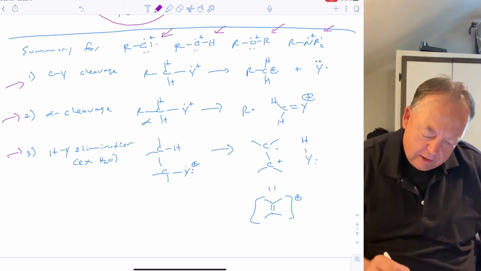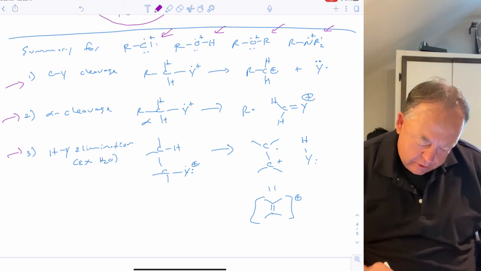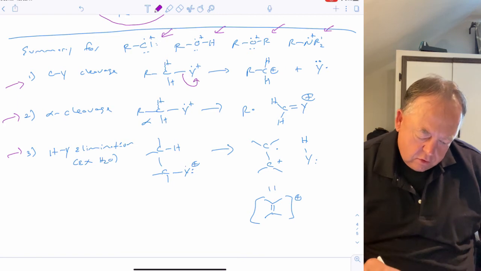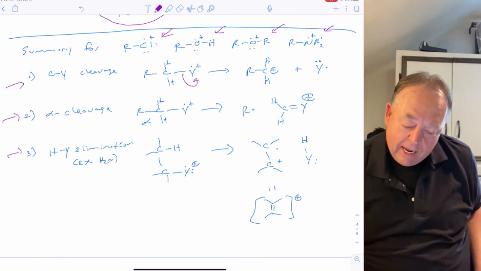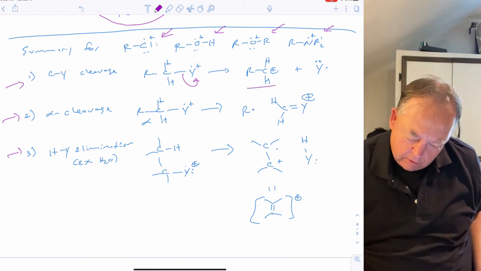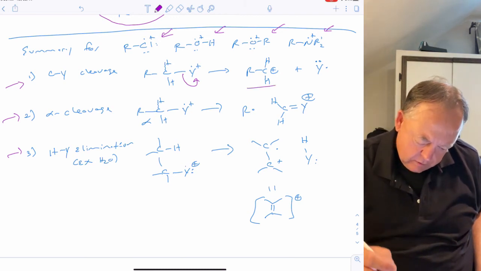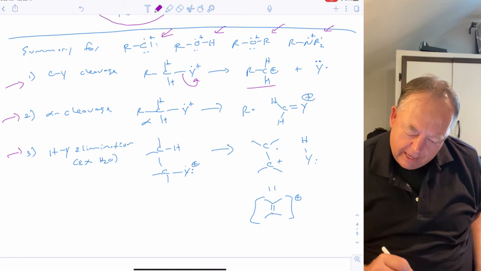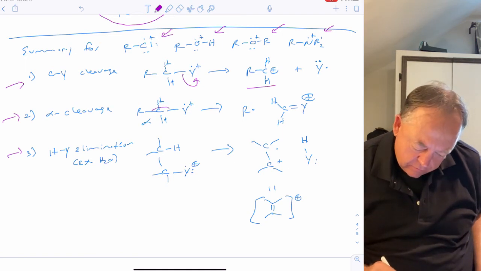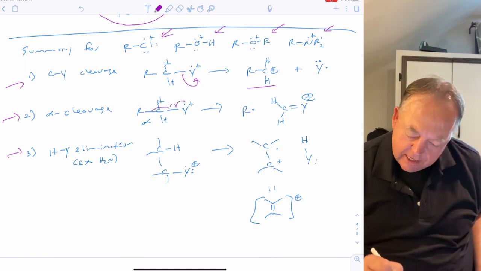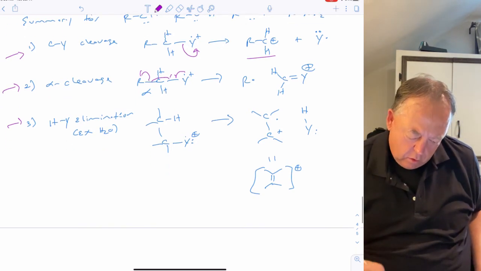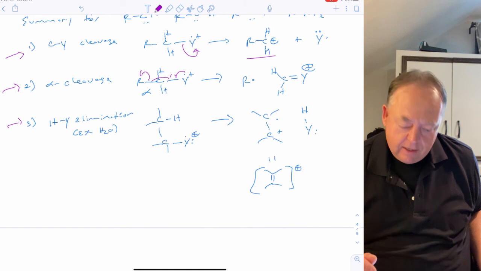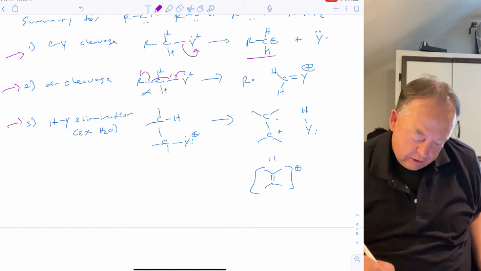So you knock an electron off, and then they can undergo cleavage of the carbon-oxygen or carbon-chlorine, bromine, fluorine, iodine bond, right, to give that carbocation. Or they can undergo the alpha cleavage, right, where we move that electron over, that electron down to make a double bond, and then fragment off that free radical. Or they can undergo the small molecule fragmentation, so losing a water molecule, for example.